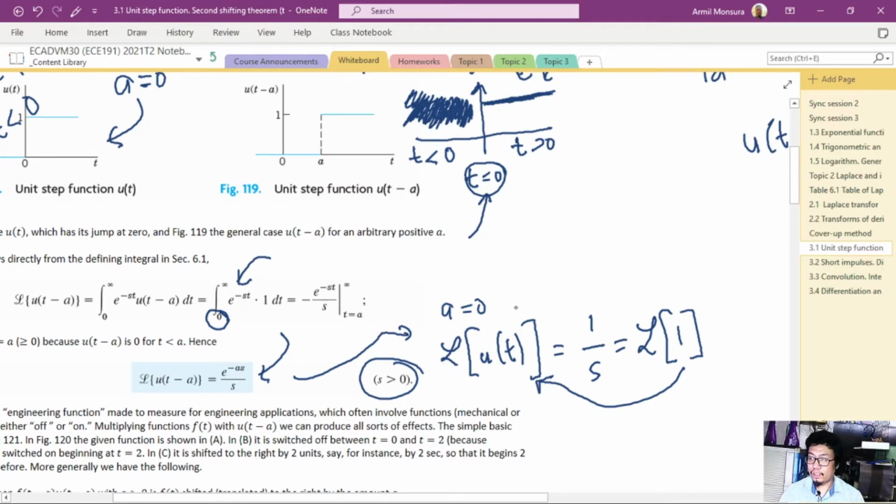So this is its graph. This function is this. But when you say that f of t is equal to 1, essentially, that is a constant 1 for all t. Let me show it to you through Desmos.